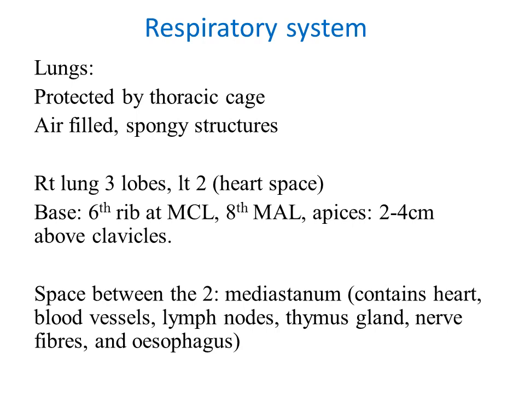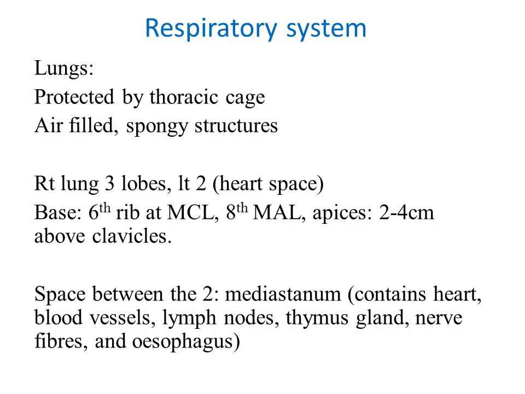Lungs protected by thoracic cage, air-filled spongy structure. كل lung tissue هي spongy structure سفنجية. As we said that the right lung contains 3 lobes while the left lung contains 2 lobes.